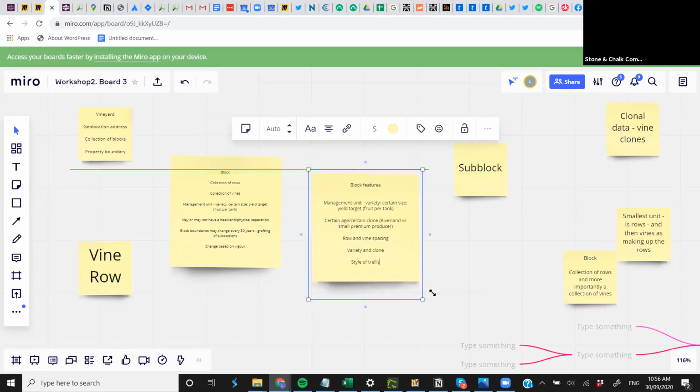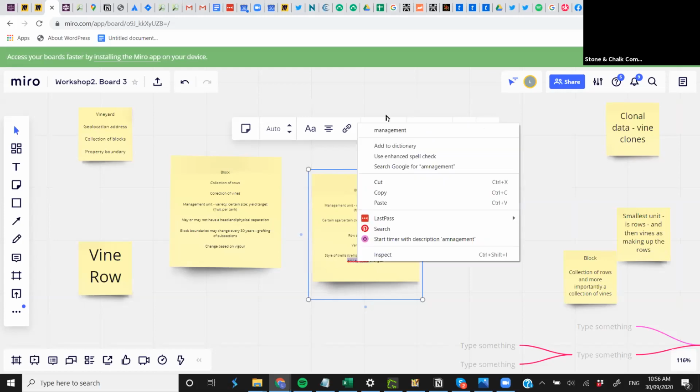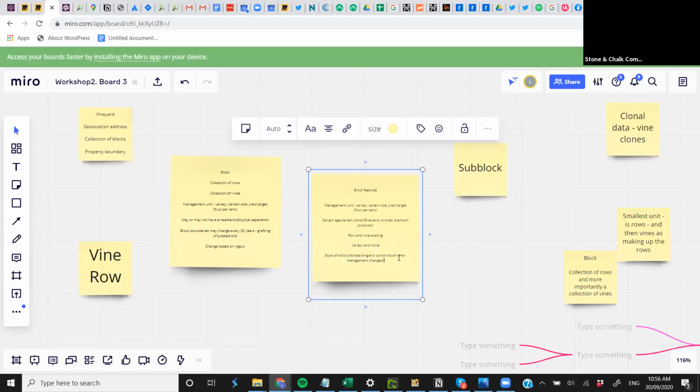It may be a trellised block, a single cordon, bicordon, or a bush vine. And the way that you manage that will be defined by trellis in some instances. If you're spraying a 2-wire vertical, you're going to need more water volume, for instance, than a single wire or a bush vine. So that'll affect your management.